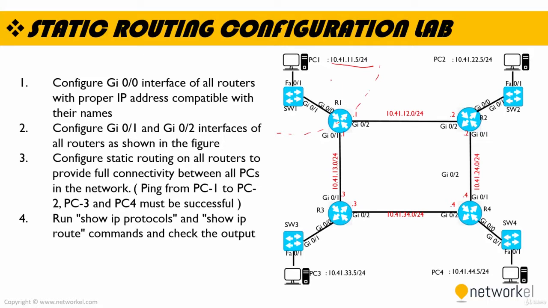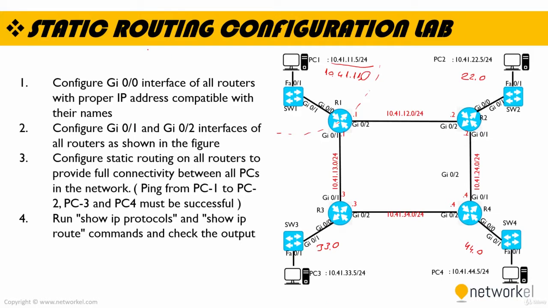I think yes. 10.41.11.5/24 means we have a network ID of 11.0 here, right? Also 22.0 and 44.0 and 33.0 for this portion of the network.